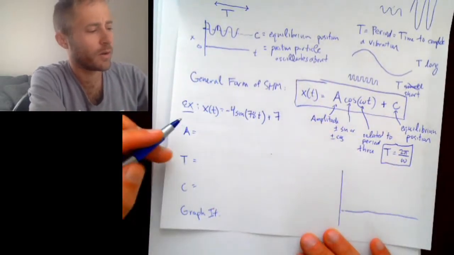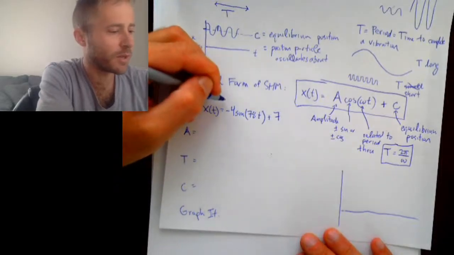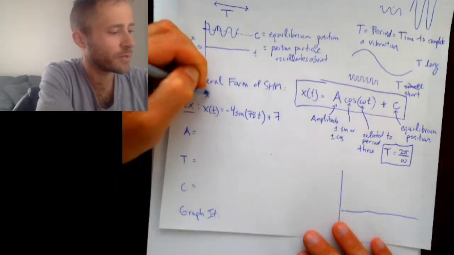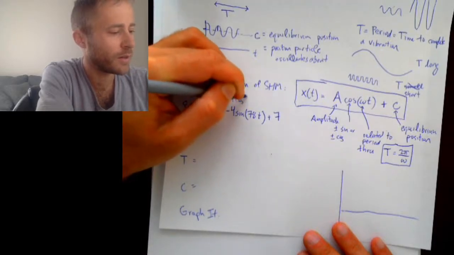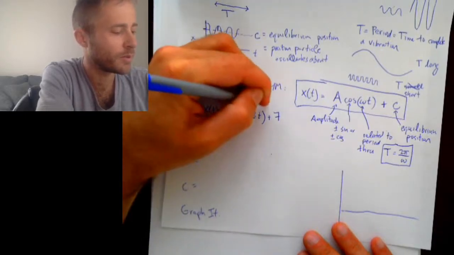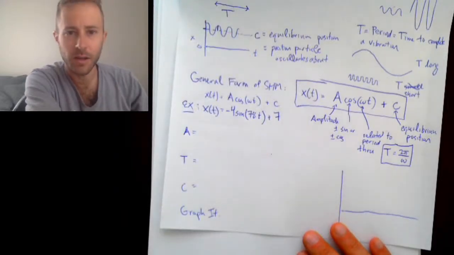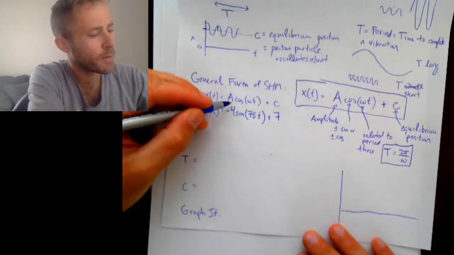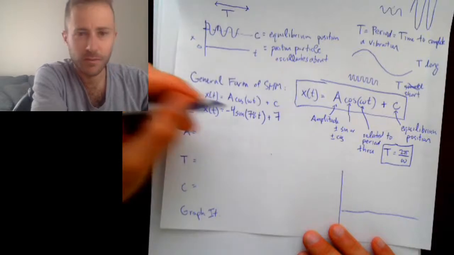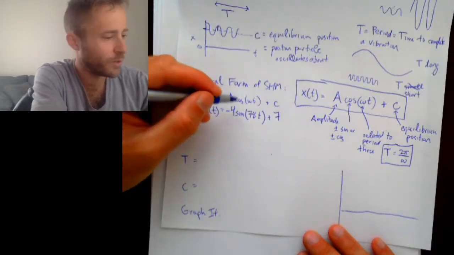So what we want to do is compare this to x of t equals A cosine of omega t plus C. And we just compare. So just putting these things side by side, we can see.